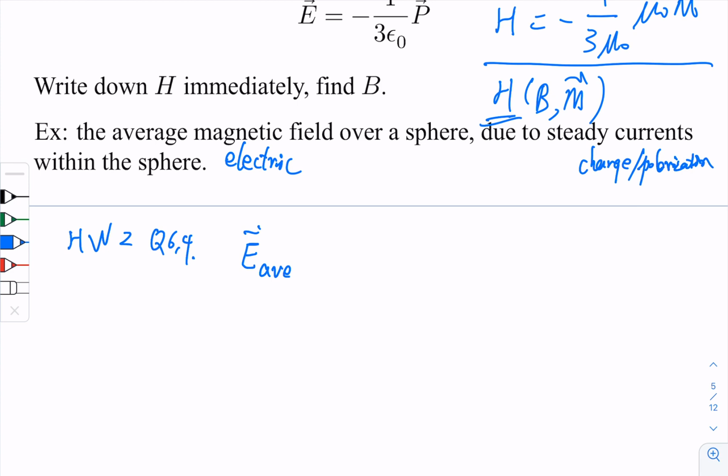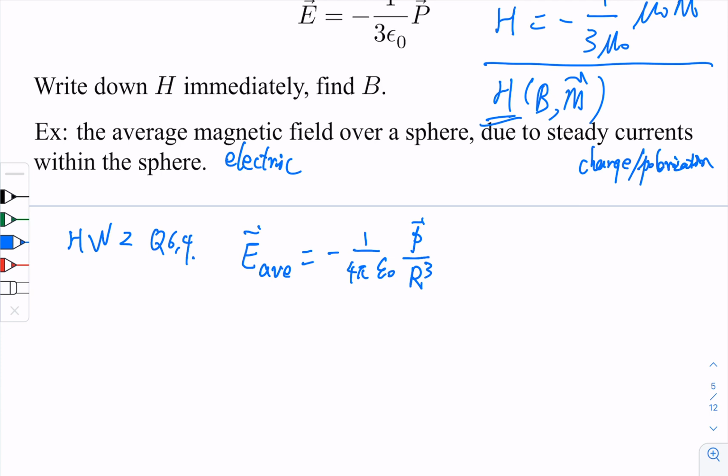So the final answer in homework 2 is that the average electric field should be minus 1 over 4 pi epsilon naught P over R cubed. I don't know if you still remember what you have done in the homework, but that is what you have proved in homework 2.